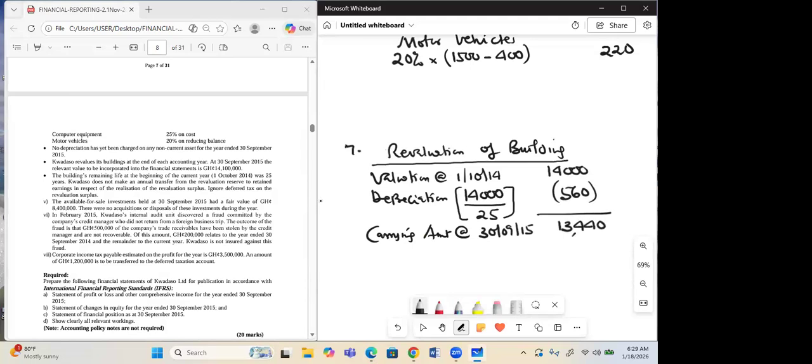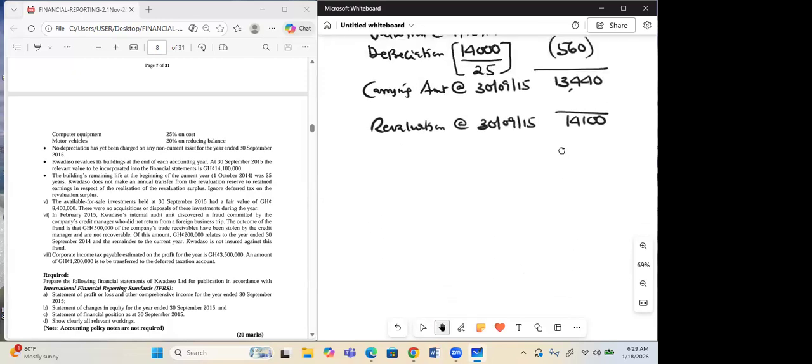But the question is telling us that at the end of the year, the value to be put in the financial statement is 14,100, meaning that they revalued it again at 30th September 2015 to 14,100. So what is the revaluation gain? 660.